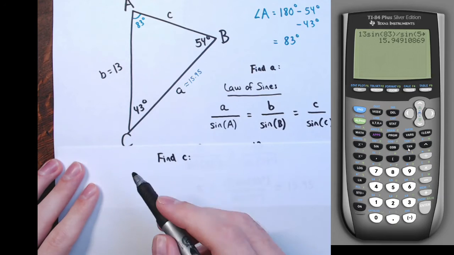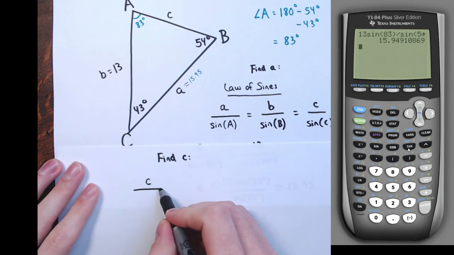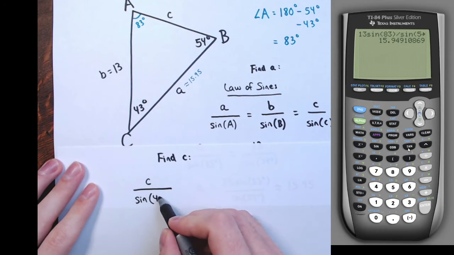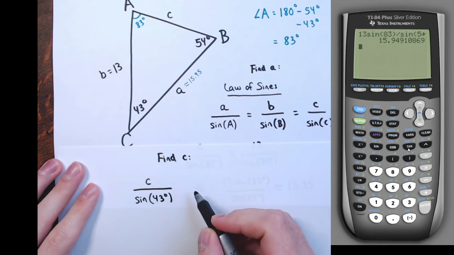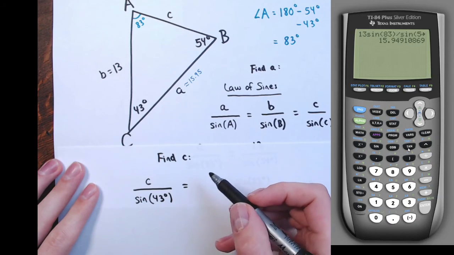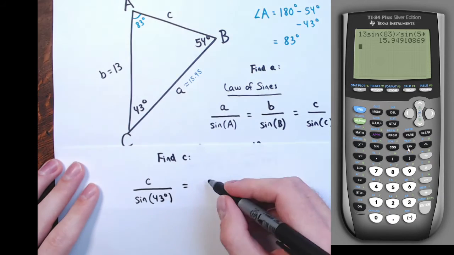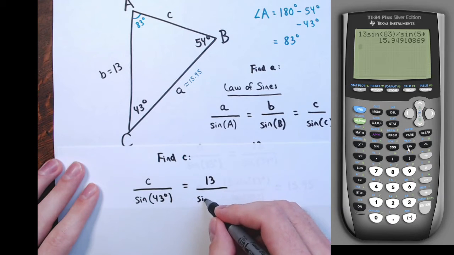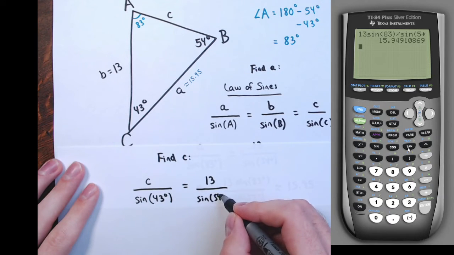All right. So little c divided by the sine of angle c, the 43 degrees, should be equal to, and then again the b information, little b at a length of 13 divided by the sine of 54 degrees, angle b.